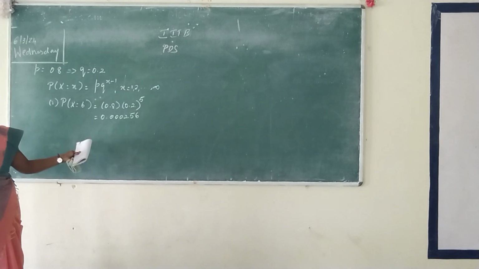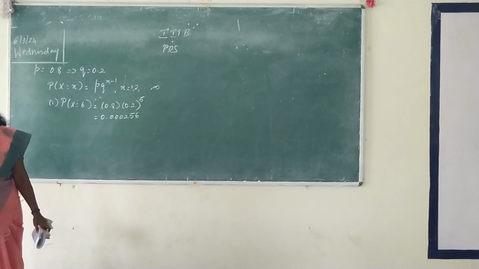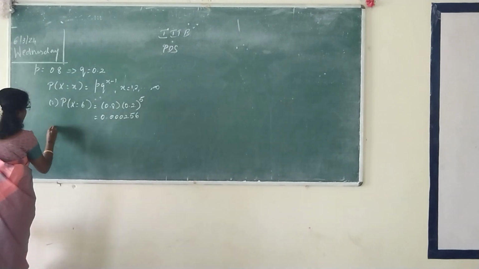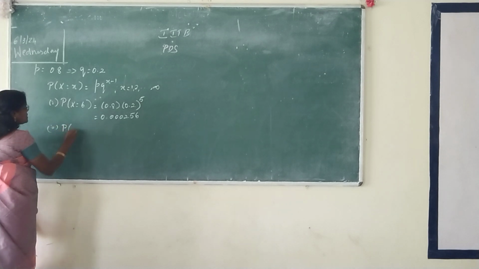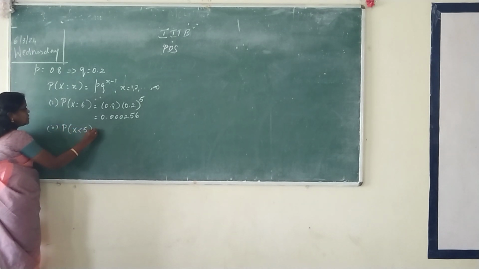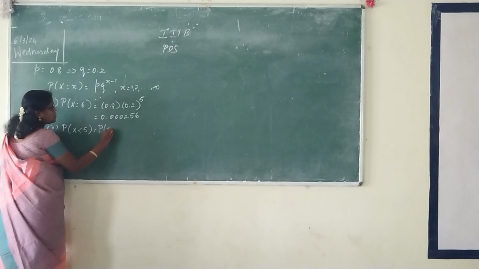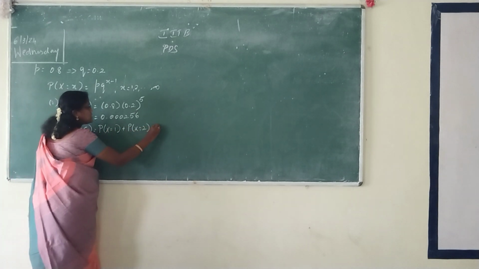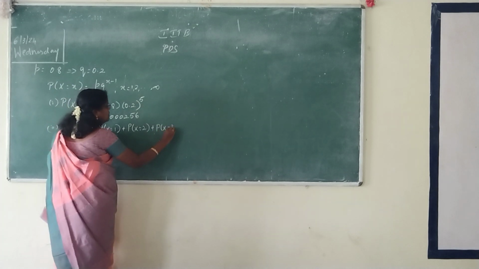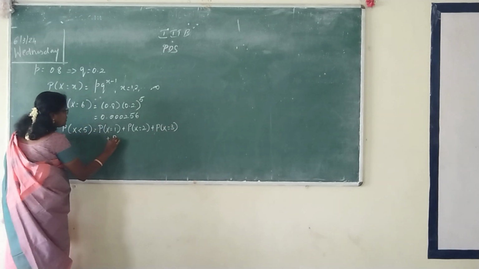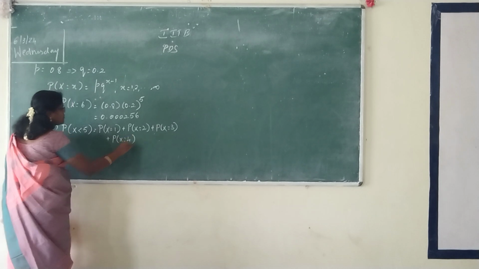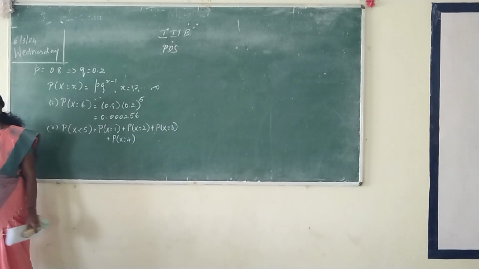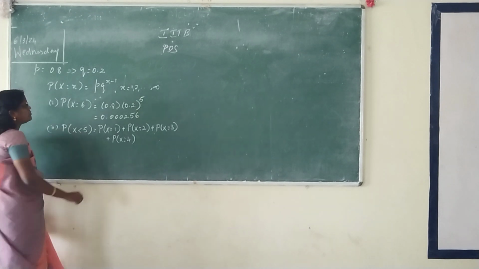So what are the possible values now? 1, 2, 3, 4. You will find for all of them. Start the second one. Probability of x less than 5 is probability of x equal to 1 plus probability of x equal to 2 plus probability of x equal to 3 plus probability of x equal to 4. Substitute the x values one by one. First case, P.